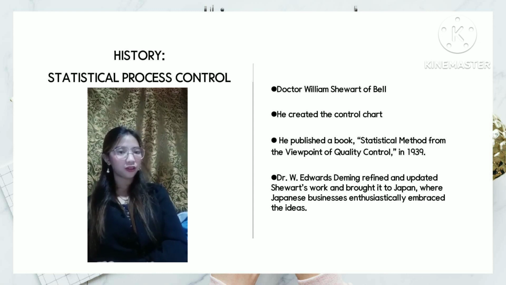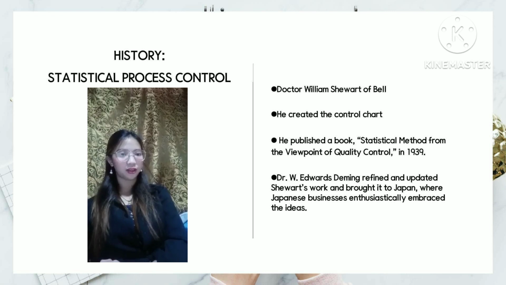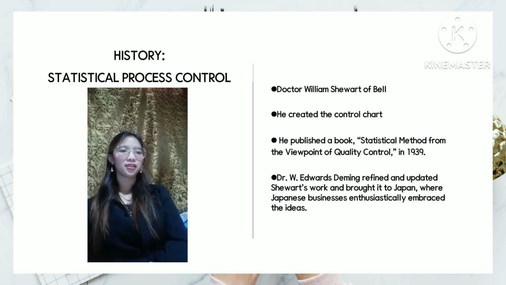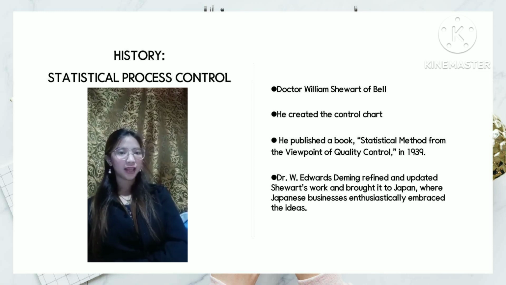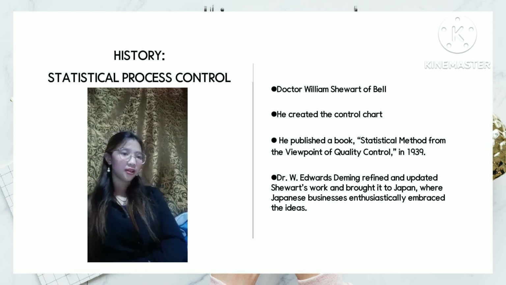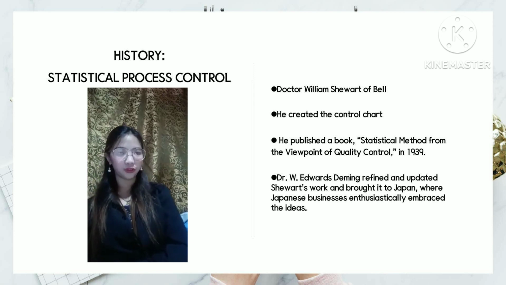SPC helped Japan recover its manufacturing capability and even exceed it, giving the Japanese a post-war reputation for industrial excellence. Finally, in the 1970s, the United States, feeling the pressure of competition stemming from Japan's high-quality manufactured goods, began to adopt SPC. Today, statistical process control can be found all over the world.